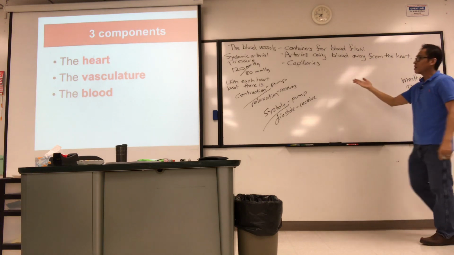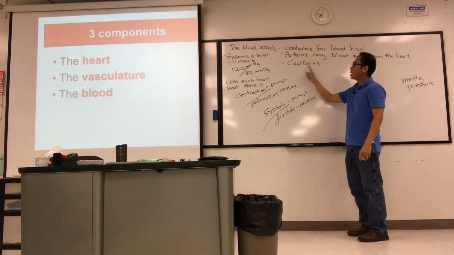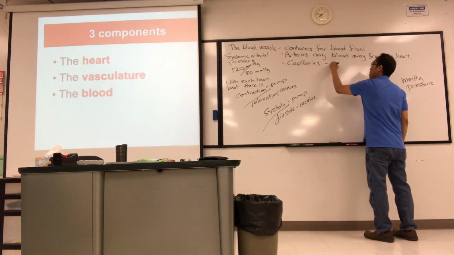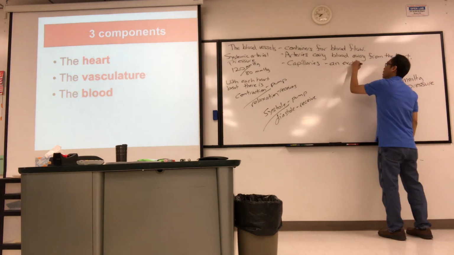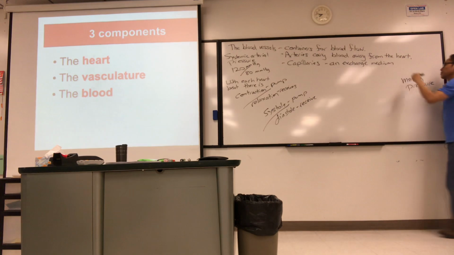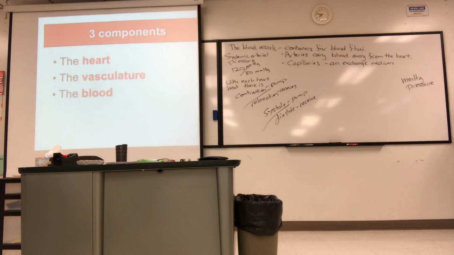So basically, you have enough pressure to push blood to capillaries, which is an exchange medium. Things exchange, and we'll learn how specifically. Then you want to collect this spent blood, and you want to return it to the heart, and that's the job of the veins.